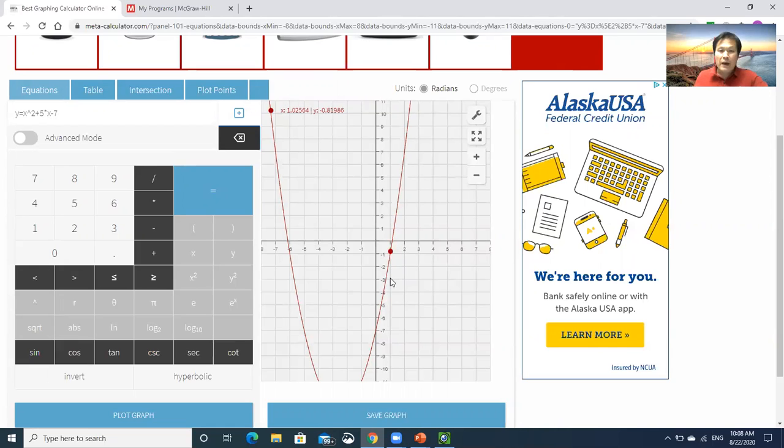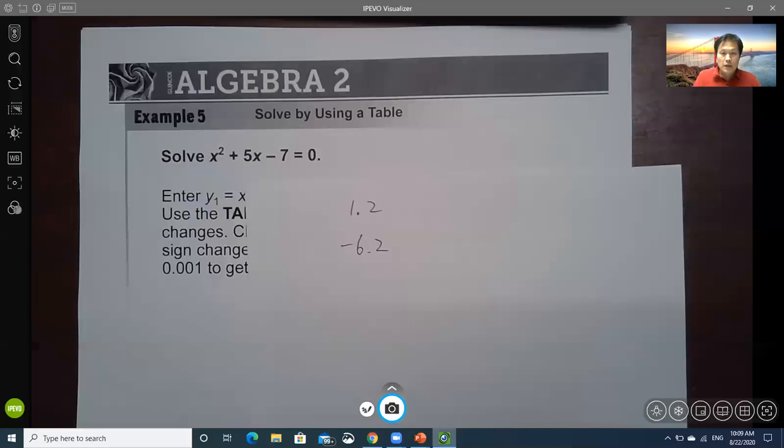Just try to make a best approximation. So I would say maybe 1.2. I'll just make a rough guess of 1.2, and for the one here, maybe minus 6.2. So make a rough guess and write it down on your piece of paper.